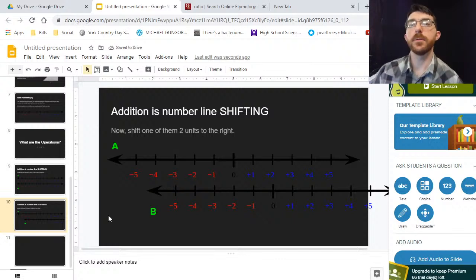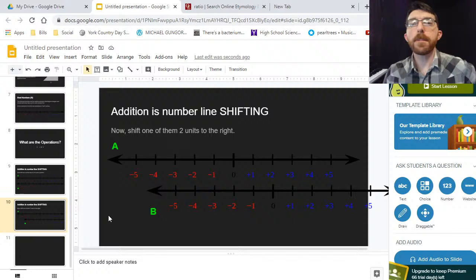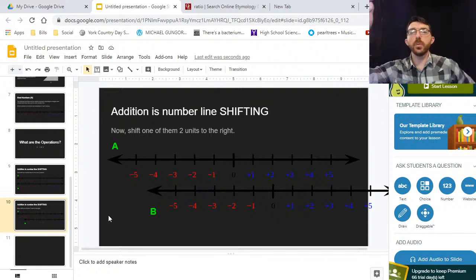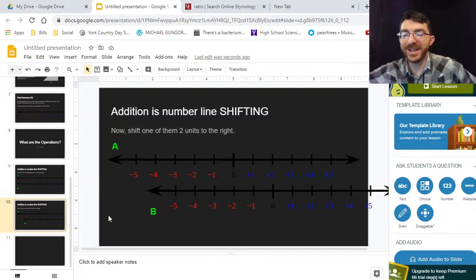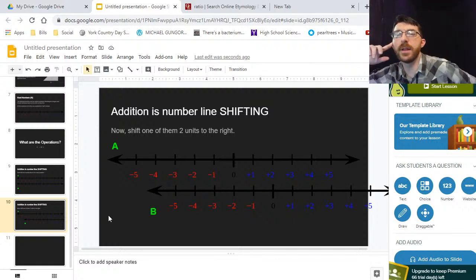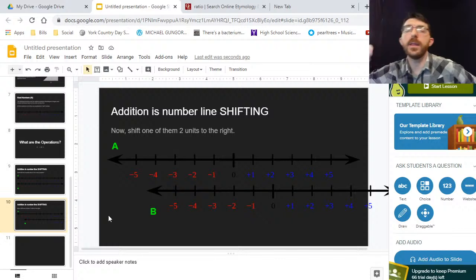Shift one of them 2 units to the right. Okay. So the best way to understand what addition is and what addition does is by relating these two number lines to each other. You can take A as its original position, B as its new position. Okay, actually that would make it subtraction then, wouldn't it? Yeah, I better shift it to the left.